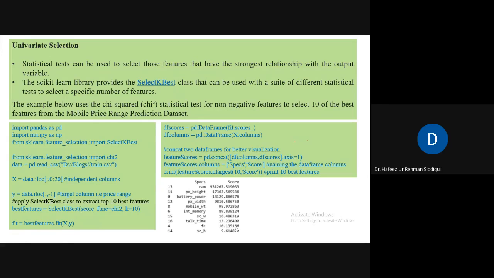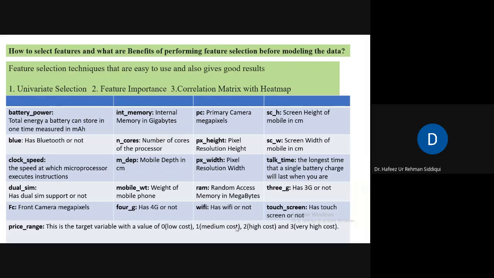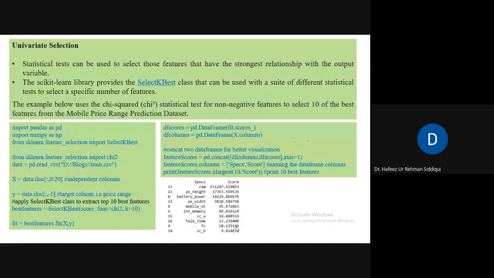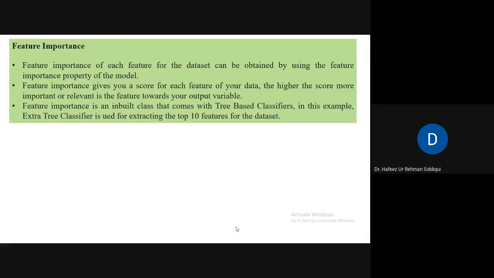So it gives you 10 best features that can classify mobiles based on the prices. Here you have, I don't know how many features these are, 1, 2, 3, 4, 5, 6, 7, 8, 9, 10. So out of 20, you got 10 best features. Okay, feature importance.